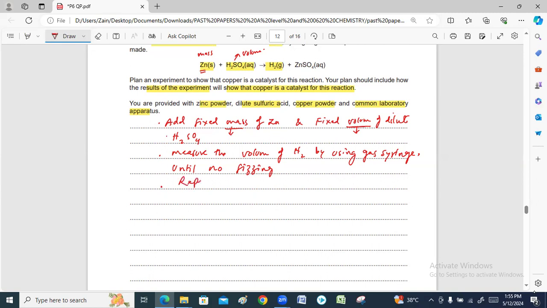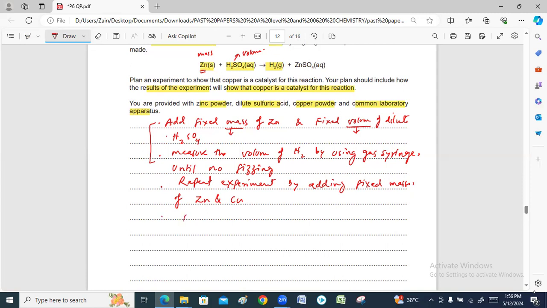Now repeat the experiment by adding fixed masses of zinc and copper. So this was the experiment which was done without catalyst. Now we're using the catalyst, copper.